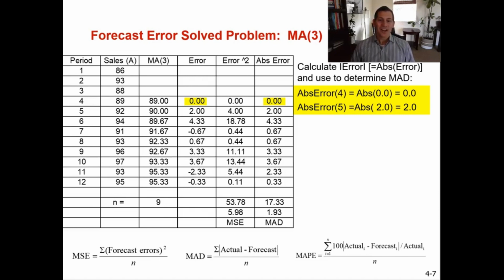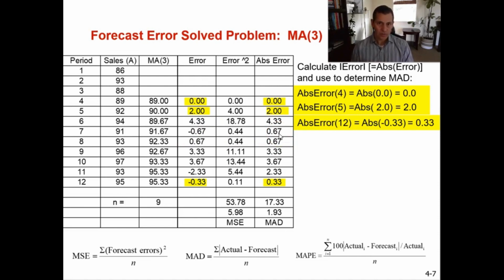For period 5, we were over by 2, so our absolute error is 2. Period 12, we were negative 0.33 off, so our absolute error is 0.33. And so for the absolute error, there are no negative numbers. You take every single negative and make it a positive because your absolute error is all we're trying to calculate.